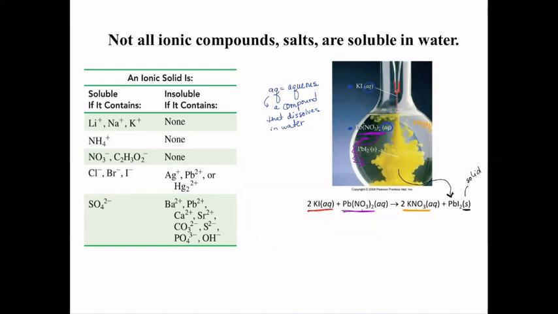Now, when it comes to solubility rules, I'm going to hold you guys responsible for the solubility rules that we have specifically here in this table. So I want to at least go over the different solubility rules, okay, and explain how this table must be read.